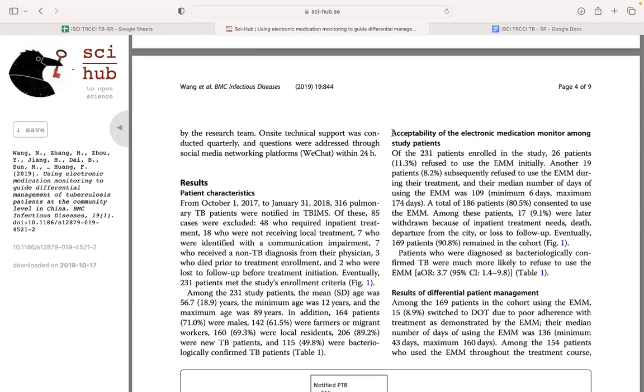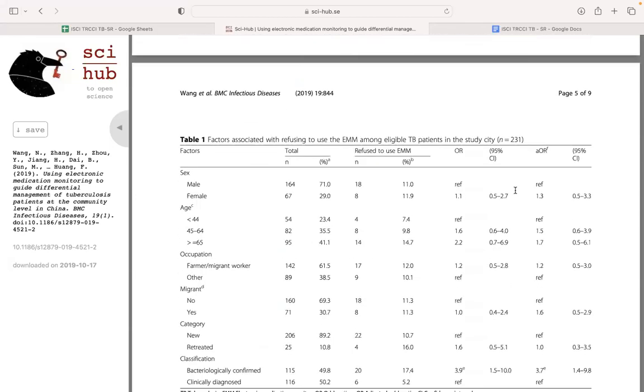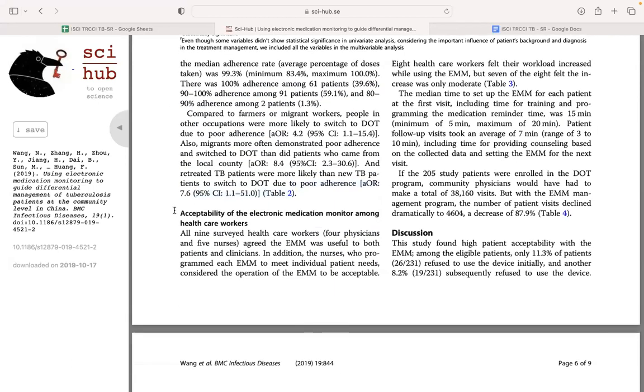And then we want to know about acceptability of EMM. So we go through this with a fine-tooth comb. We want to know about differential patient management. Yeah, till here, we want to know about everything. But we don't want to know the acceptability of EMM among healthcare workers. So we will not go through this part. So you have to know what you are looking for.